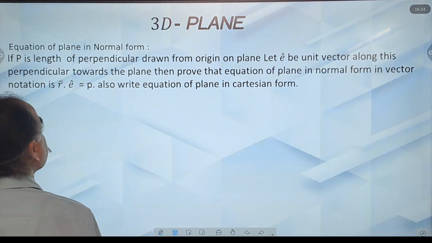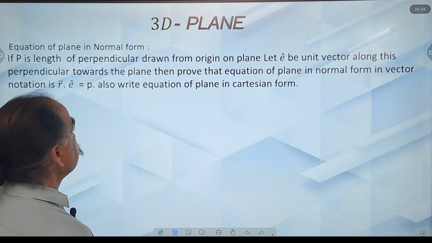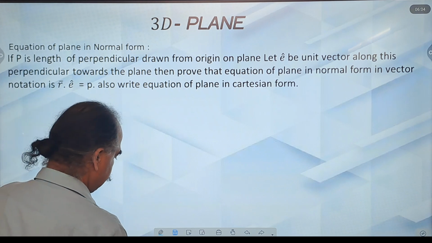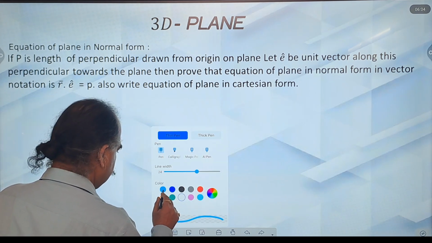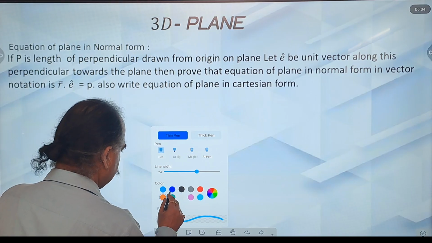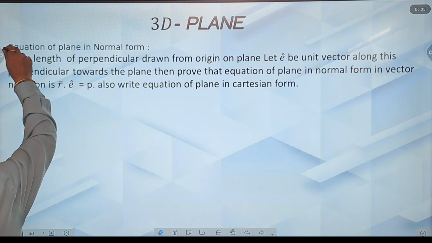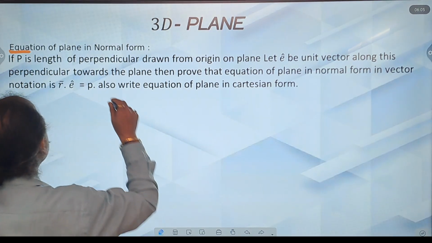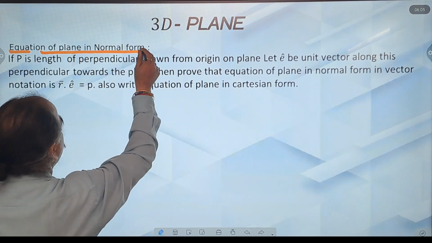In this, first very important thing is what? Theorem on normal form of plane. Equation of plane in normal form.